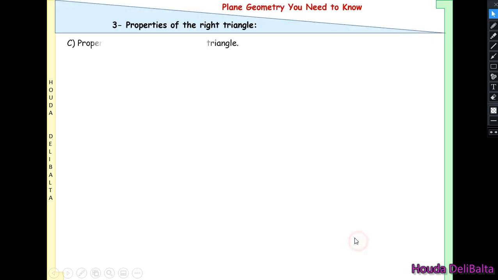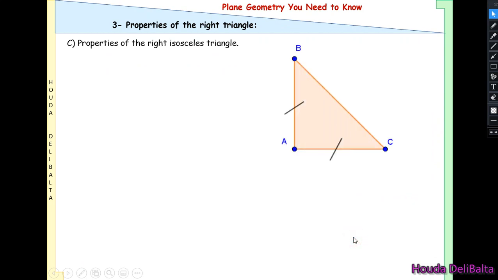Now, let's talk about the properties of the right isosceles triangle. As you remember, the right isosceles triangle is a right triangle that has two equal legs and two equal base angles. What are the properties of the right isosceles triangle?